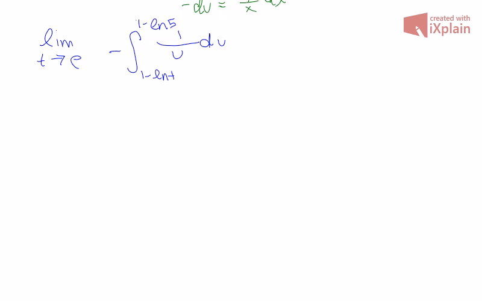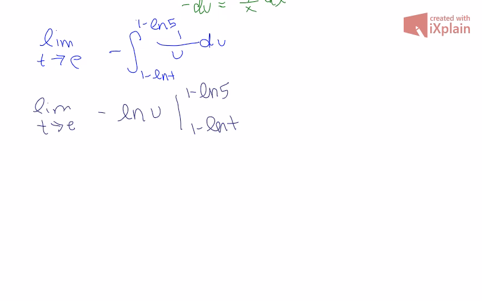Alright, so now when you integrate this, you get the limit as t approaches e of negative ln of u from 1 minus ln of 5 to 1 minus ln of t.